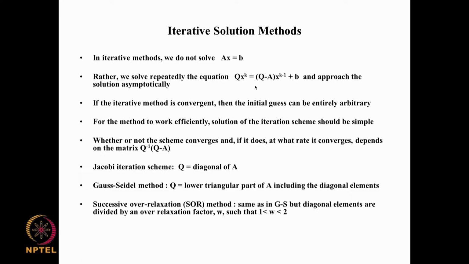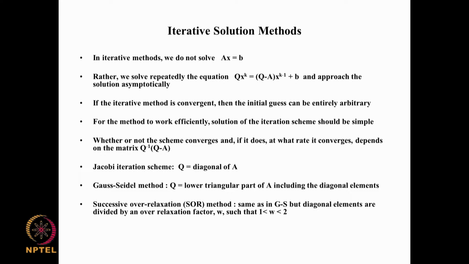In the same way here, even if the solution of this is easy and even if it converges fast, finding Q, which is not there in the original equation, if we can find such a Q that makes the solution converge and converge fast, but the process of finding Q itself is time consuming, then the overall solution method is not good.